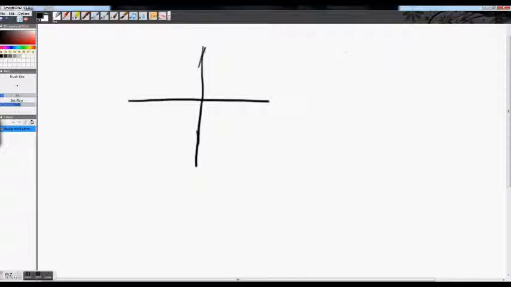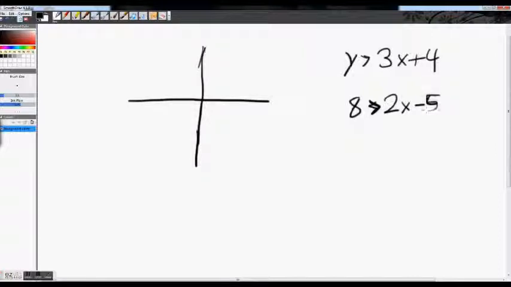Well, let's say we have the system y is greater than 3x plus 4 and 8 is greater than 2x minus 5y. A y greater than 3x plus 4.